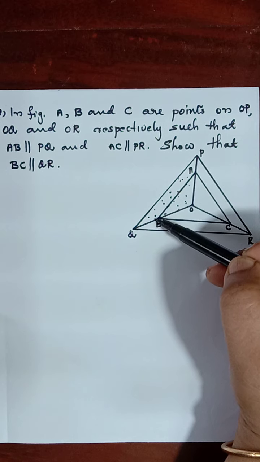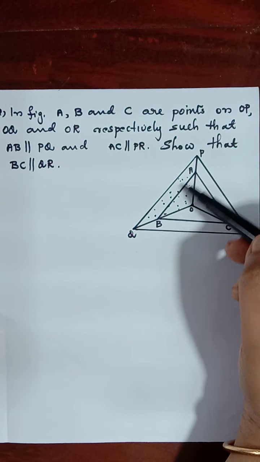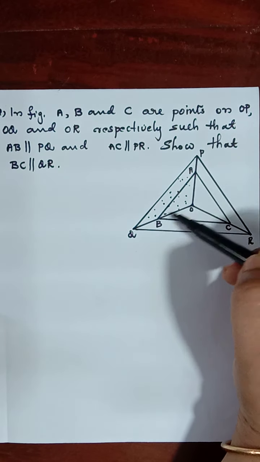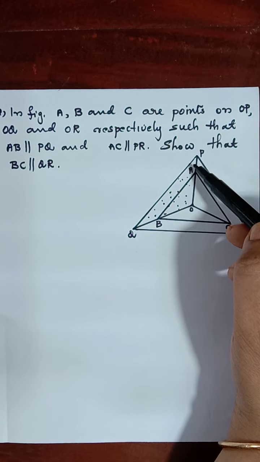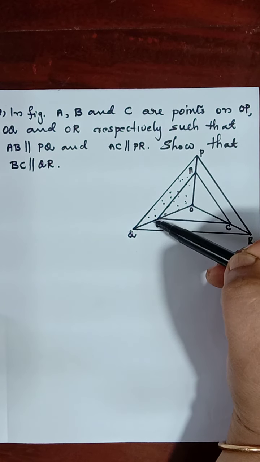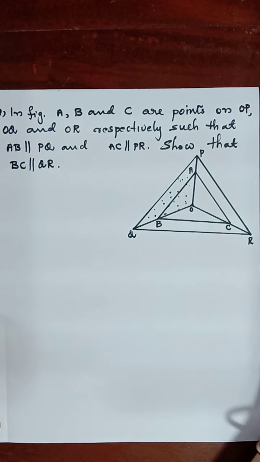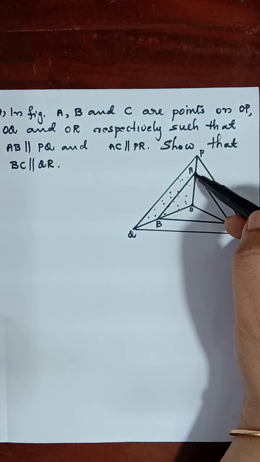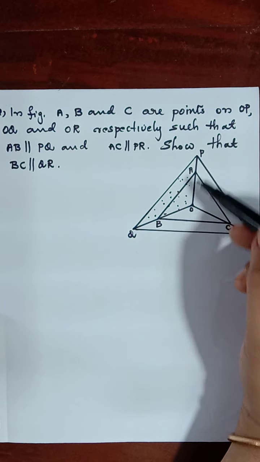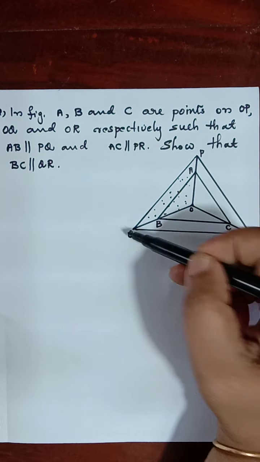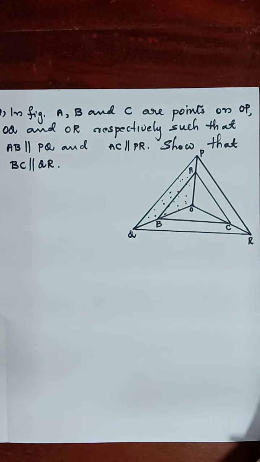A and B are two distinct points on two sides of triangle POQ, such that if this line AB is parallel to PQ, then the sides are proportional. That is, OA by AP is equal to OB by BQ. That is how we have to think.